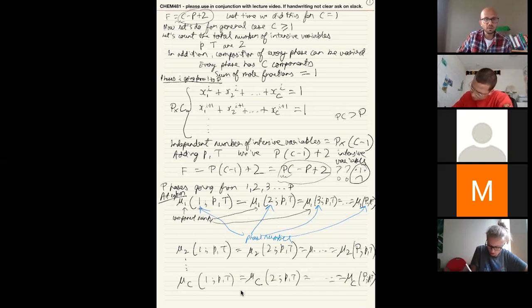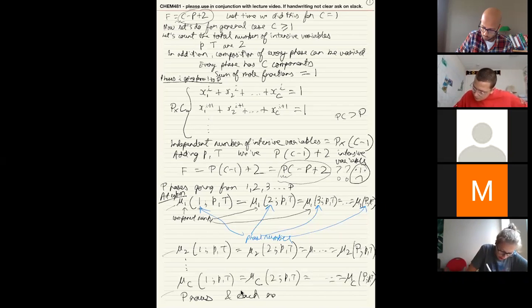So we have a bunch of constraints and we need to count how many constraints do we have. So again, how many rows did we have over here? C rows, right? Row number 1, row number 2, row number C. And each row has how many equations? Equation 1, equation 2, equation P minus 1. So the number of constraints we have, sorry, I messed it up.